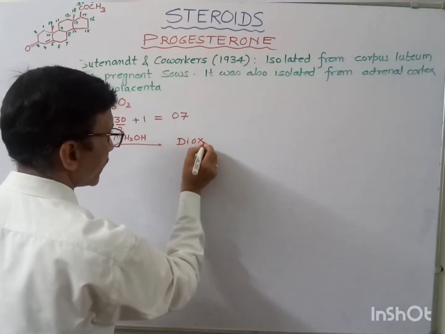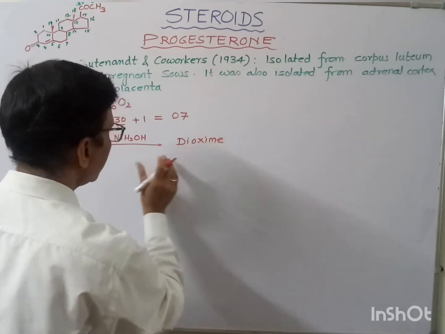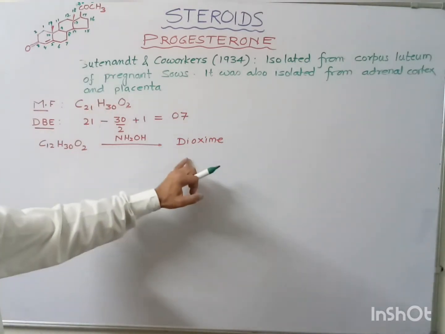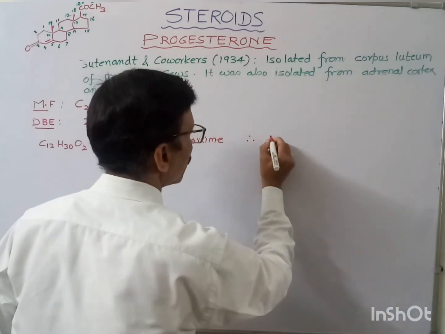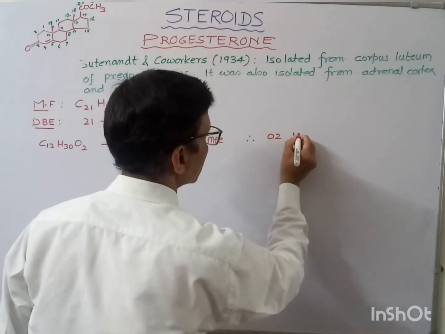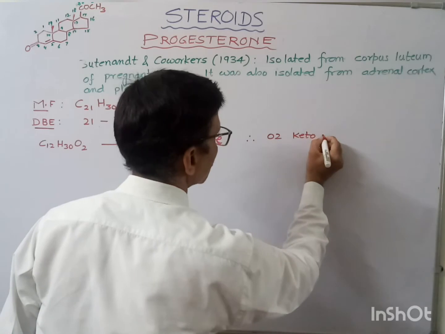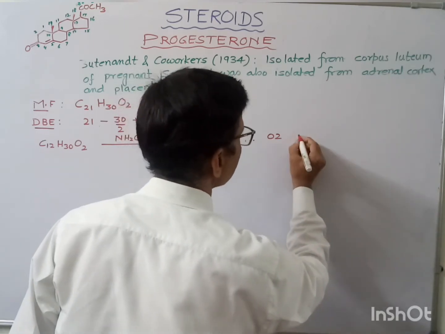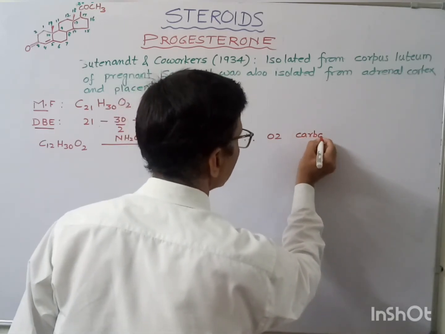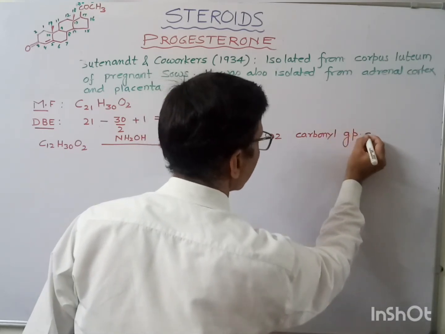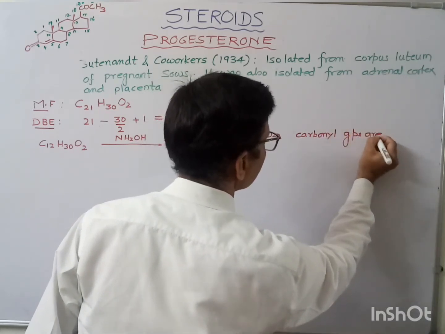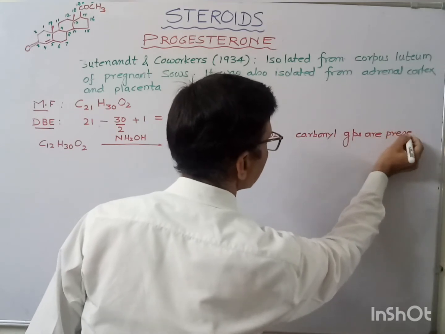So what does the formation of this dioxime indicate? It indicates that 2 keto groups, or 2 carbonyl groups, are present.